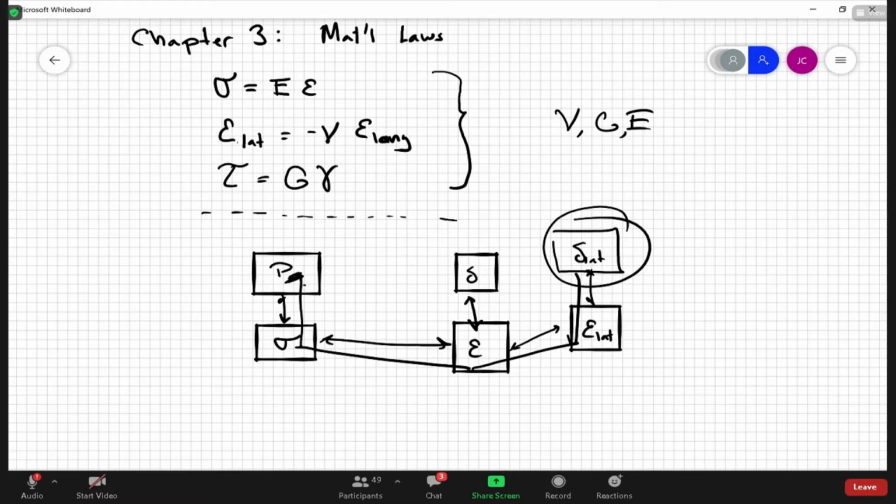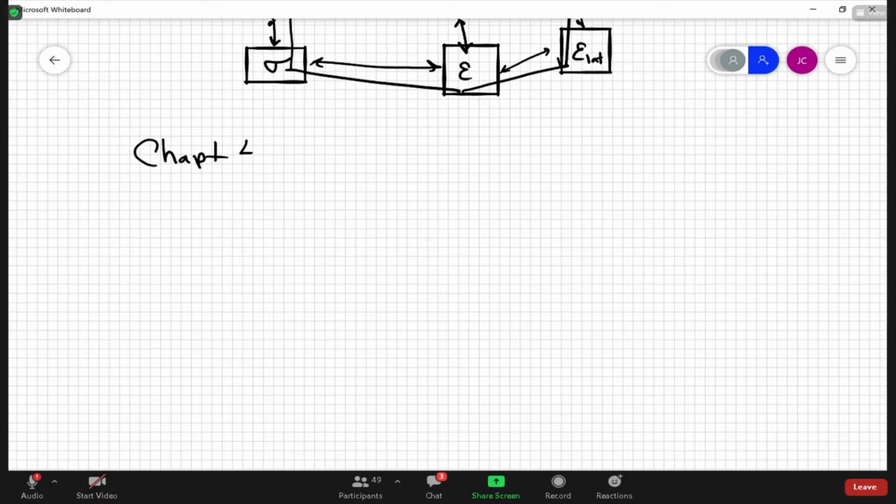All right. Chapter 4. Right, these were the axial problems, right? And so for the axial problems, well, of course, from chapter 1, we already knew that the normal stress is the internal normal force over the cross-sectional area.